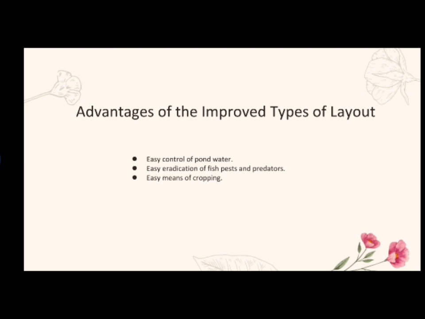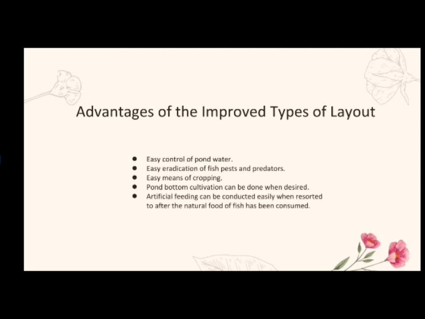Easy means of cropping. Pond bottom cultivation can be done when desired. Artificial feeding can be conducted easily when resorted to after the natural food of fish has been consumed. And lastly, high productivity.